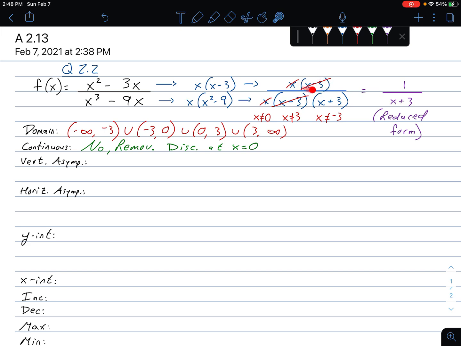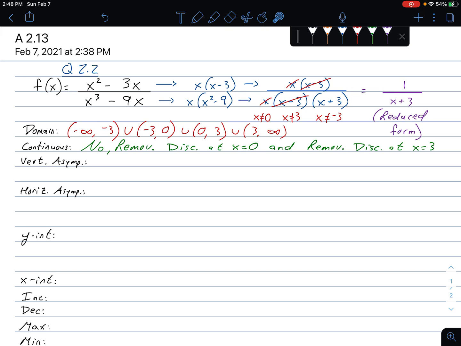I also canceled out my x minus 3, which means the root that comes from that, the 3, is also a removable discontinuity at x equals 3. Okay, 3 came from this factor, x minus 3, because 3 would make that 0. I canceled it with the top. That's removable discontinuity at 3.